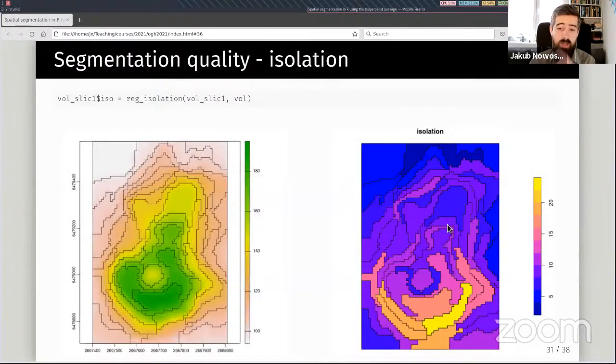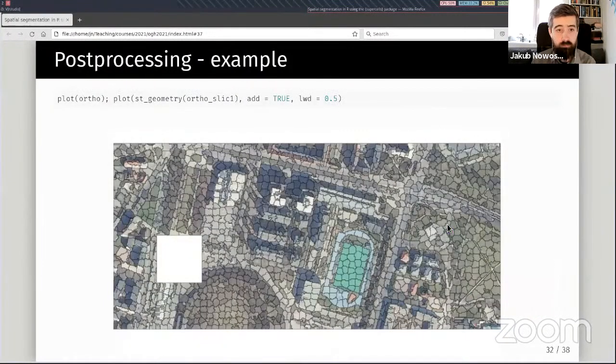And this could help us maybe as a next step to merge some superpixels which are neighbors and are fairly similar to each other. So this could help us in some post-processing steps.